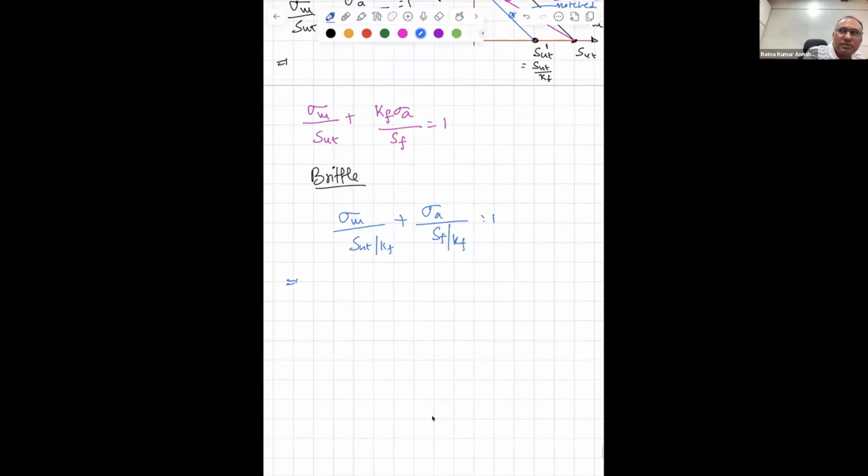That implies sigma A by KF is equal to SF into 1 minus sigma M KF by SUT.